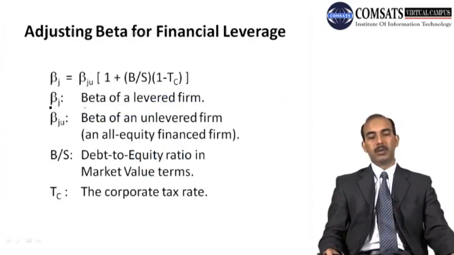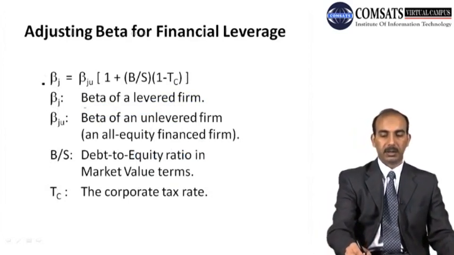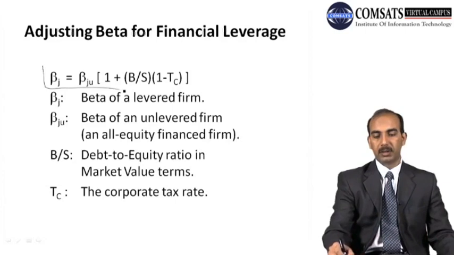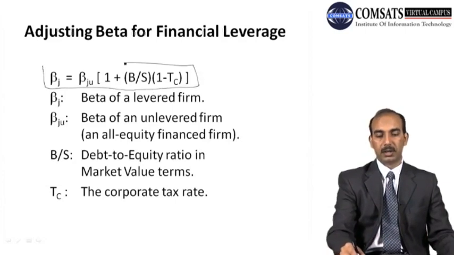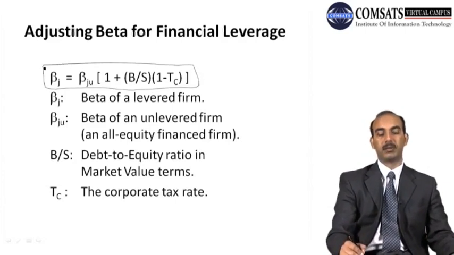And how do we adjust beta for a financial leverage? You simply keep in mind this information when you have to adjust beta for any given problem. You have to solve it like this.